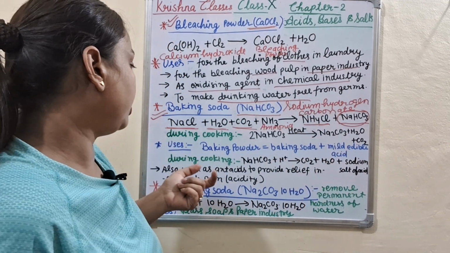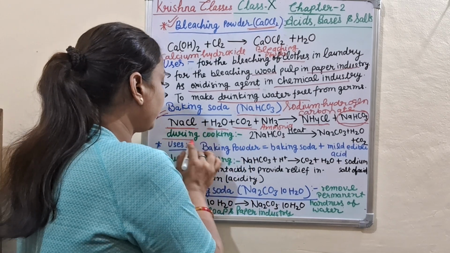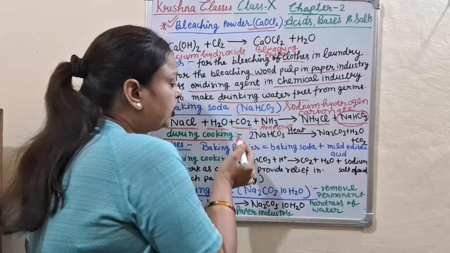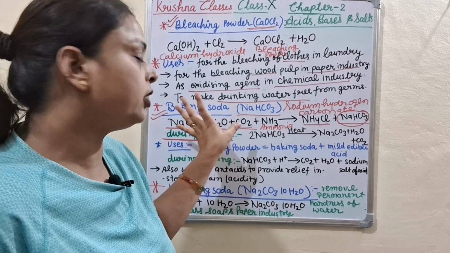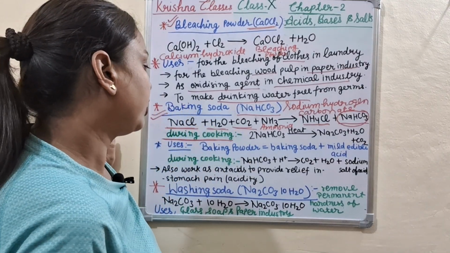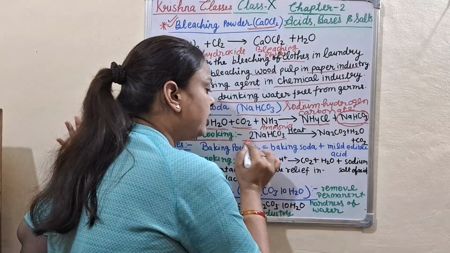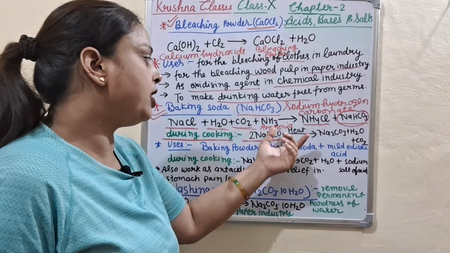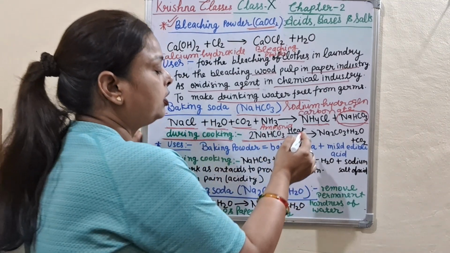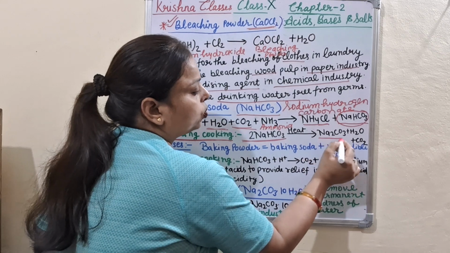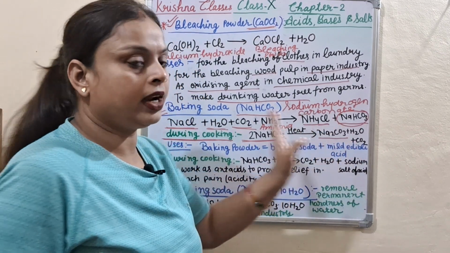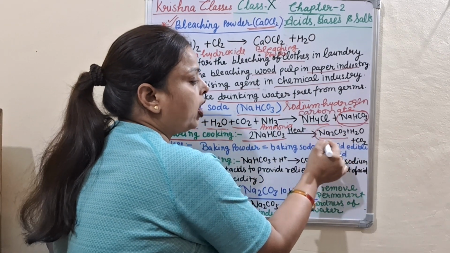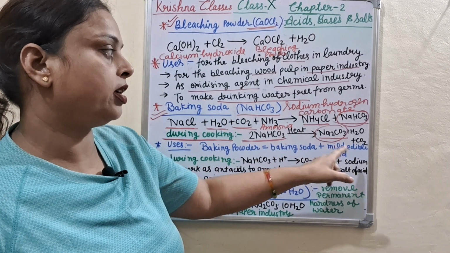Okay, what are the uses? During the process of cooking, what happens with baking soda? Let's see. Baking soda on heating. When during the process of cooking we heat the baking soda, then it is converted to sodium carbonate, water and carbon dioxide. This is the sodium carbonate.